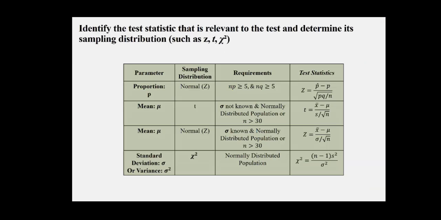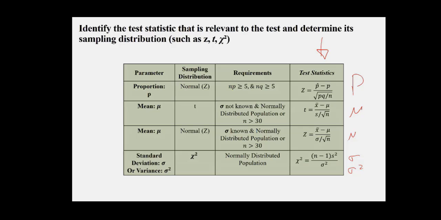In this case, when we do the test of hypothesis, when we want to calculate the test statistic, it depends on what we are dealing with: proportion, mu, sigma, or sigma squared. So we use this column known as test statistic. All of them are available to you.